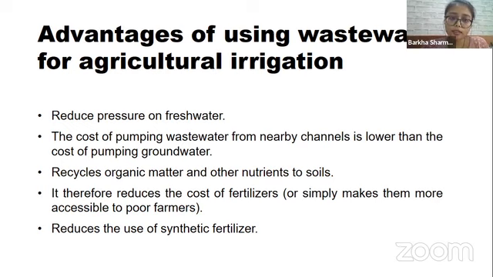Depending on the nutrients, wastewater may be a potential source of macro and micronutrients, as we already discussed before. In this case, indeed, wastewater reuse has proven to improve the crop yield and also reduce the use of synthetic fertilizer in agriculture.